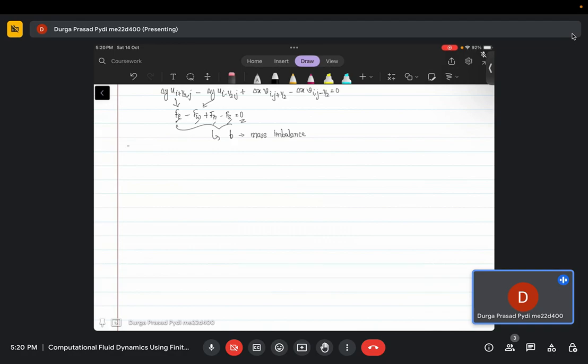Now for the x momentum, discretizing is straightforward. Since you are already familiar with it, maybe I will write the equations directly. In general, you have your convective diffusion equation where you have rho u times phi, but now phi is your horizontal velocity, so I will just write u.